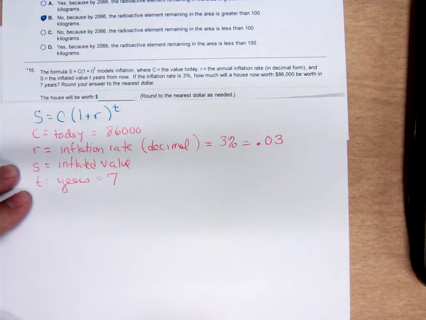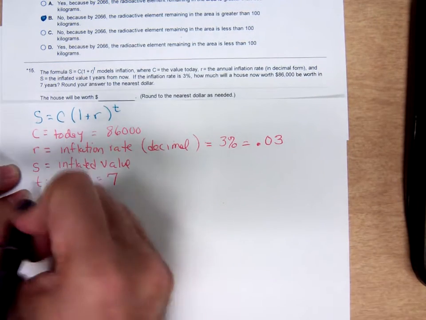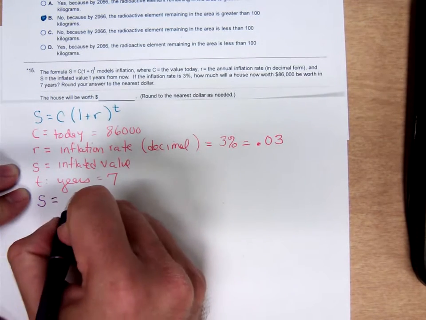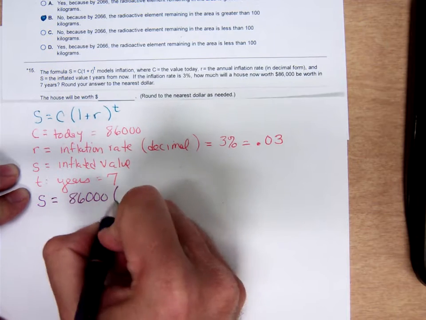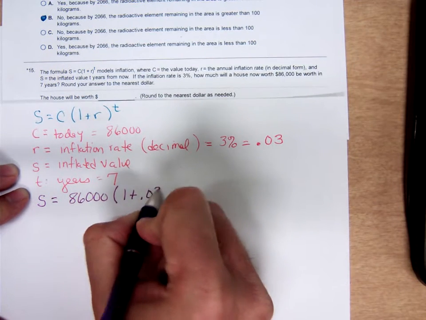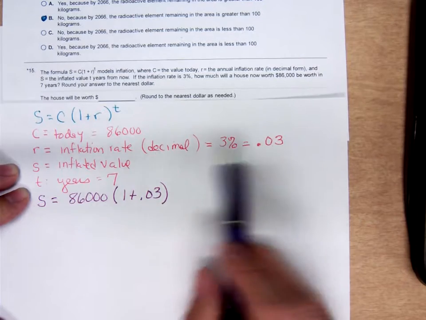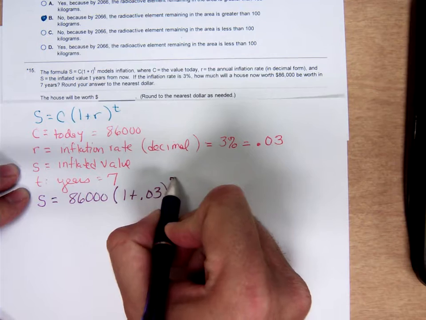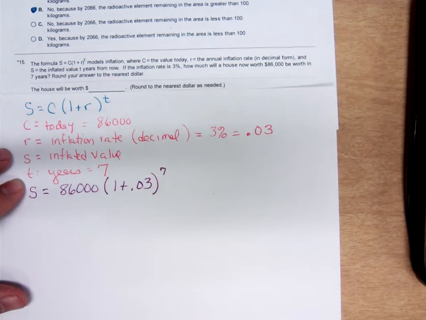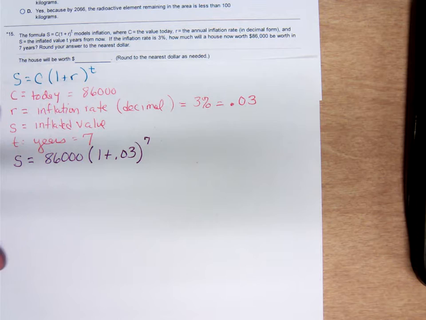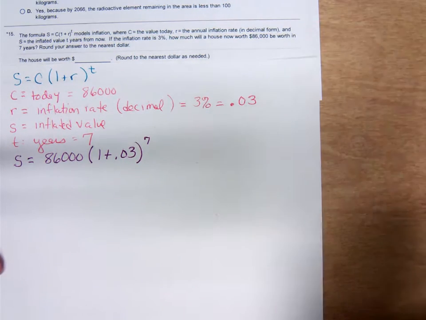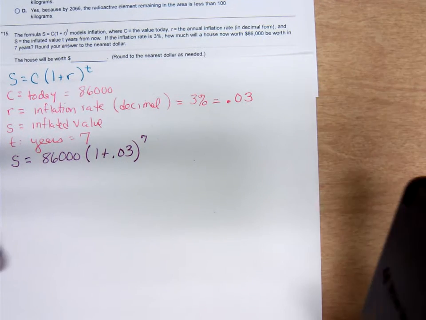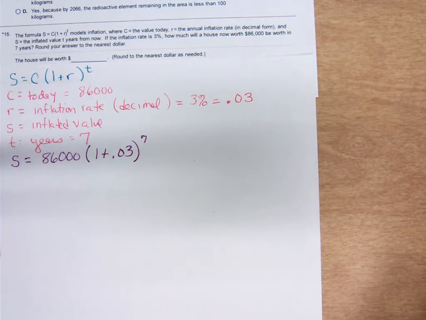So we're going to plug 86,000 in for C. 1 plus R. Plug a 0.03 in for R. Don't use a 3 to the T power. So we are plugging 86,000 in with a 3% inflation rate to see how much that same house will cost 7 years from now. This is inflation adjusting.